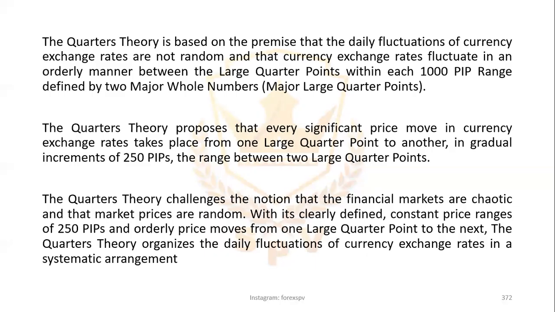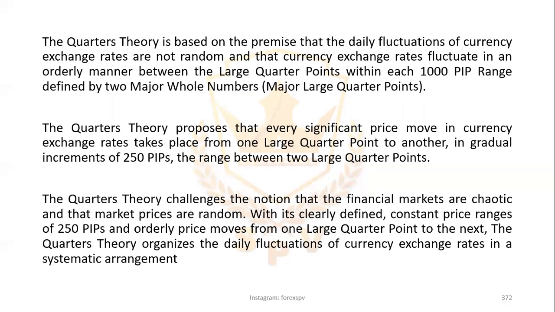There's this notion that the financial markets are chaotic and market prices are random. Quota theory tends to challenge this notion that the movement of price in financial markets is chaotic and random.